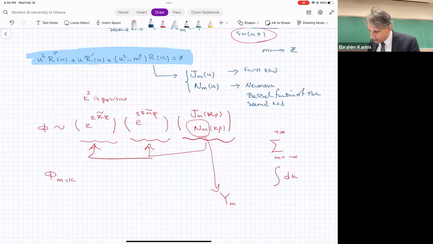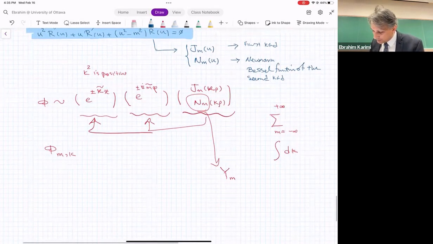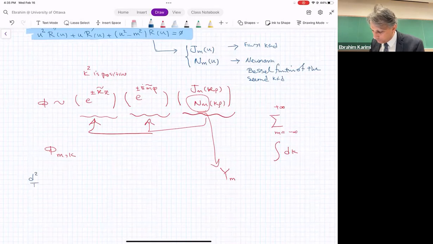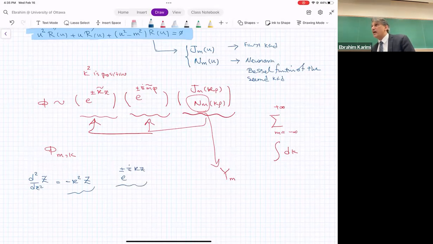Then we have to consider that d2 of Z is equal to minus k squared Z. Then the term along z will be exponential plus or minus ikz. It will not be exponentially decaying or increasing, but now it's an oscillatory function along the z direction as well.